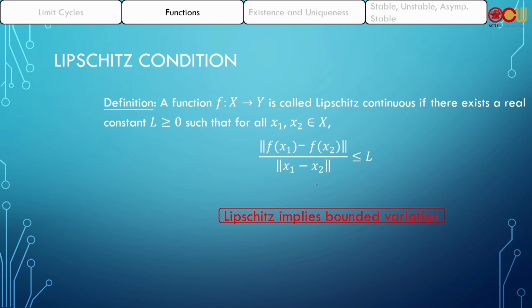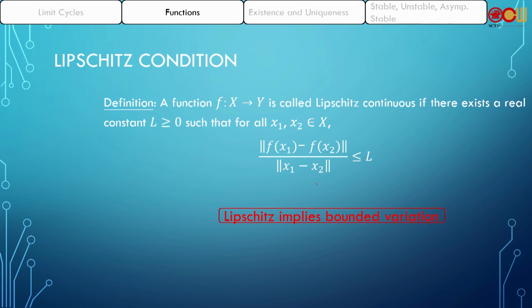So basically, it's not very hard to understand. A function f, which is a mapping from x to y, is called Lipschitz continuous if there exists a real number L for any x1, x2 belonging to x. So L, the physical meaning, is the slope upper bound.